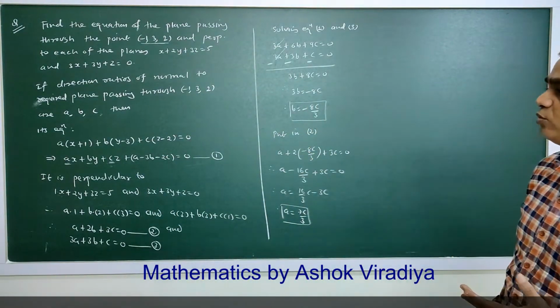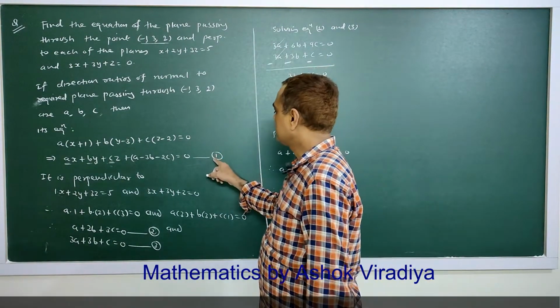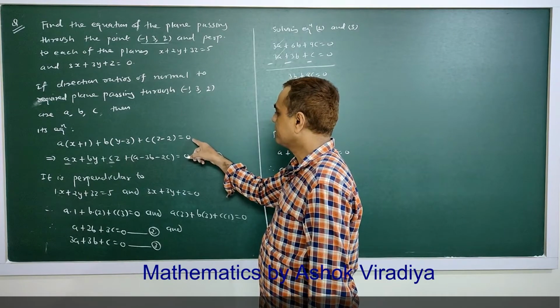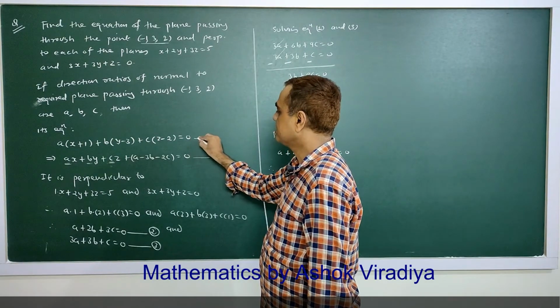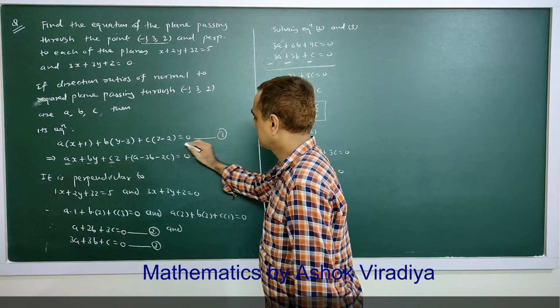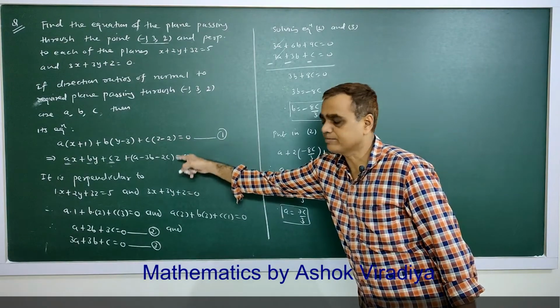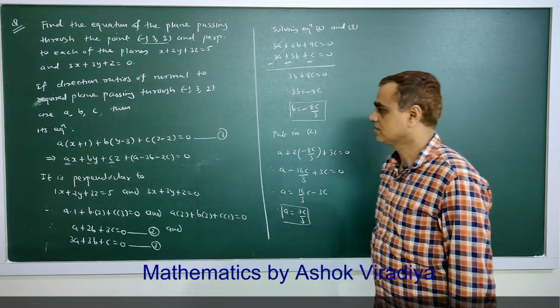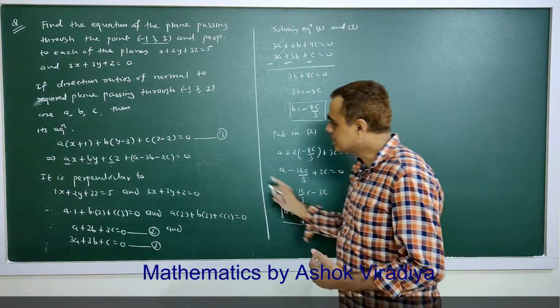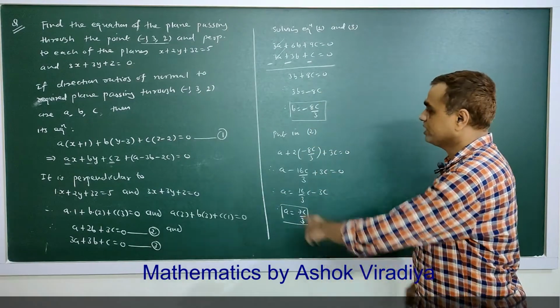So we put this value in equation 1. Let me say this is equation 1. This equation and this equation both are the same, but to calculate easily, we use this first line.